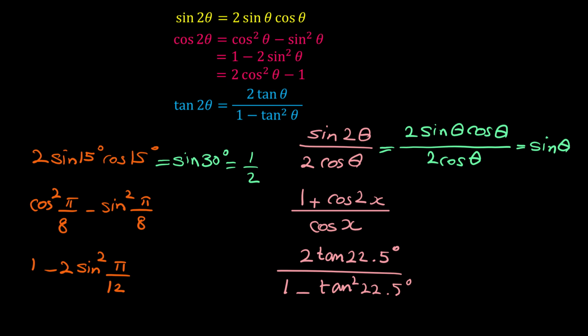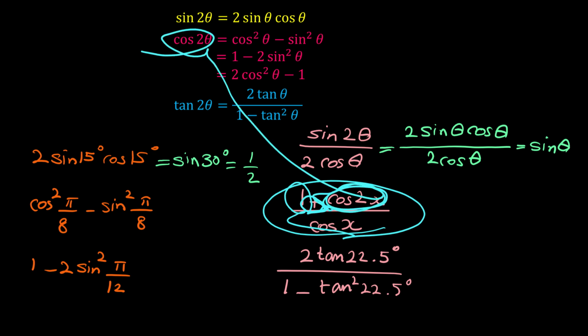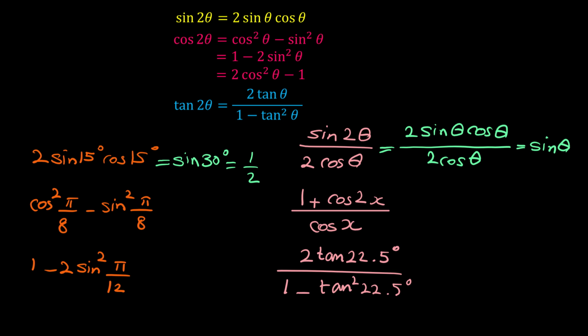But the main question that you have to ask yourself is, when do I have to use the first one, when do I have to use the second one, when do I have to use the third one? The answer depends on the expression that you want to simplify, the question that you want to prove. Let me show you an example. For example, look at this. We have 1 plus cosine of 2x or 2 theta. For this one, attention, we have a cosine of 2x plus 1. We have a 1 here.